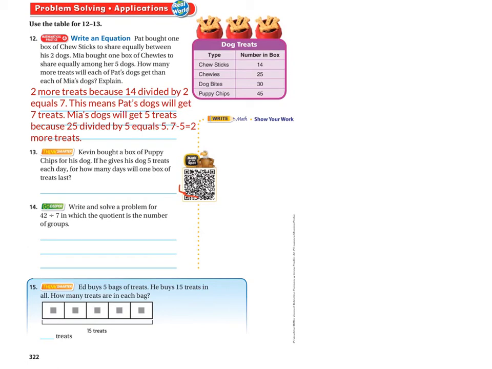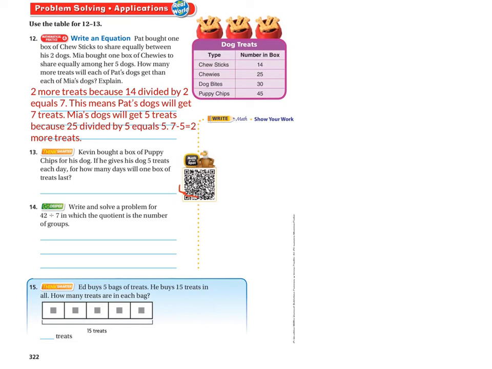So again, if you needed to draw that out and draw the 5 dogs and partition the 25 Chewies to those 5 dogs, you absolutely could have done that. It is also okay at this point to just write the division equation. 25 divided by 5 equals 5. So that's how we got that Mia's dogs will get 5 treats.